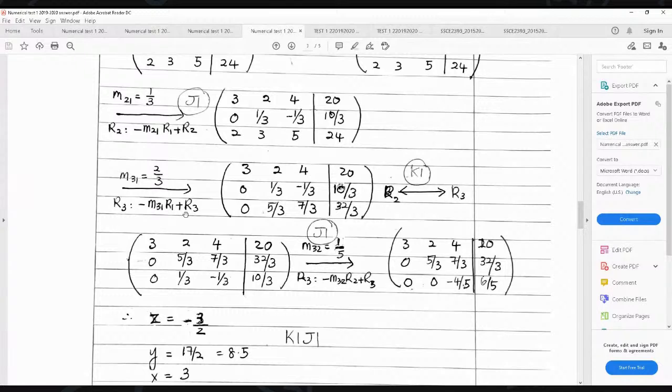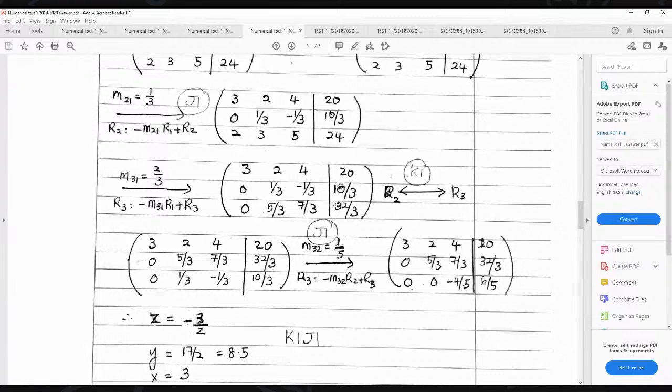The row operation to get the new row 3 is negative M31 times row 1 plus row 3. In this case, you successfully make A31 zero. The rest you follow the formula.